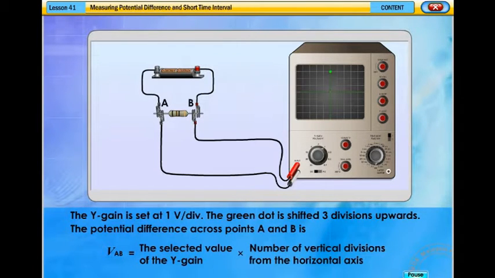The potential difference across points A and B is calculated by multiplying the selected value of Y gain to the number of vertical divisions from the horizontal axis.